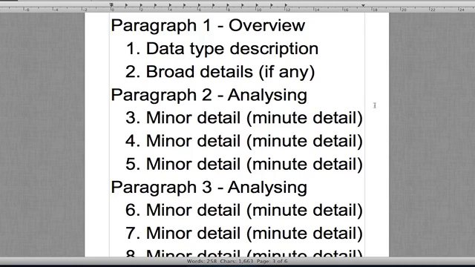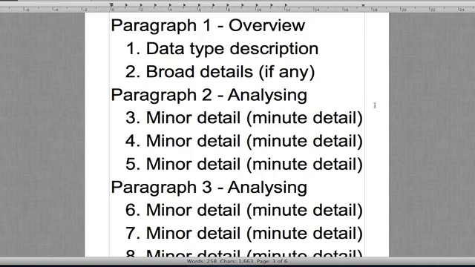This is where we would state the type of data that we're looking at. So this is a line graph. We would state details about the graph, what it shows exactly. And in a second sentence, we might share the broad details that we mentioned at the beginning of our talk in this video. Paragraph 2 and paragraph 3 are the areas where we do look into more detail of what's going on in the trends.